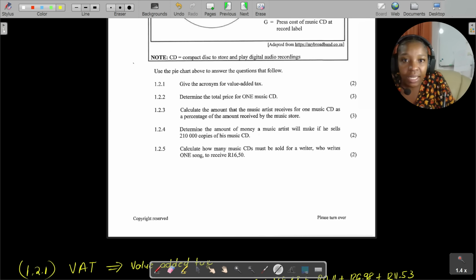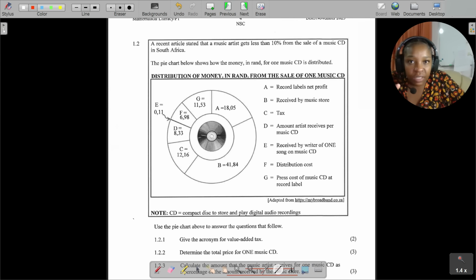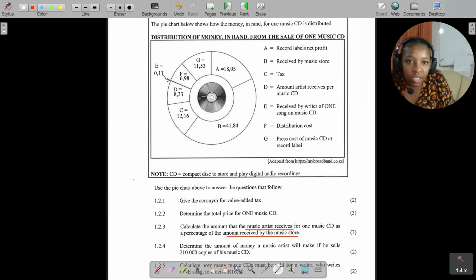Calculate how much the music artist receives for one CD as a percentage of the amount received by the music store. So what's in the numerator? How much the music artist receives. That's D, so we take that amount of 8.33.